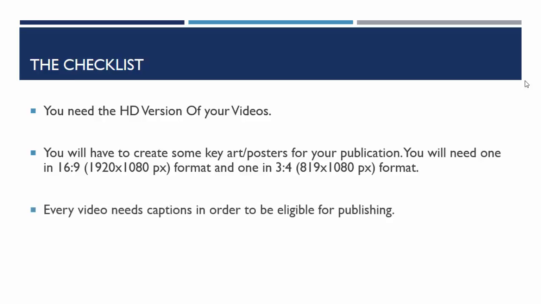After that, this is something that probably will scare a lot of people, but it's not that scary, because it can be done very easily, but it has some costs. So be sure that the videos you publish are very high quality and they will sell, and it will definitely be worth it. Every video needs captions in order to be eligible for publishing. If you do not have captions for your videos, like subtitles or something like that, Amazon will not publish your videos.